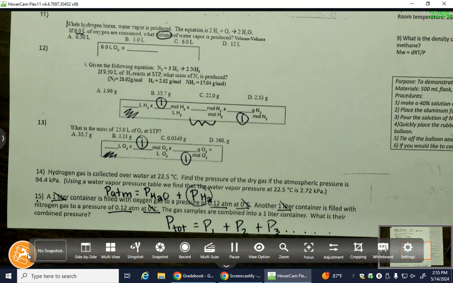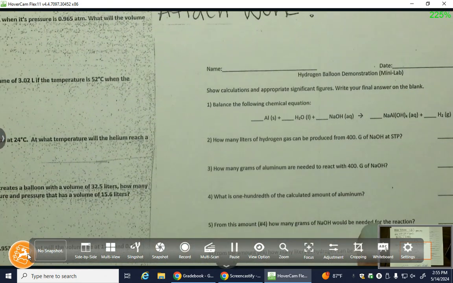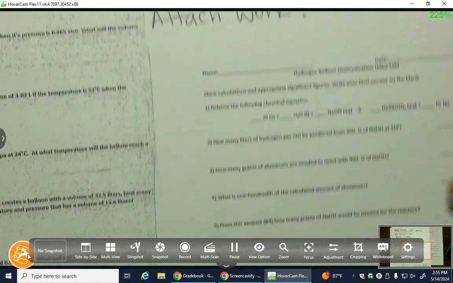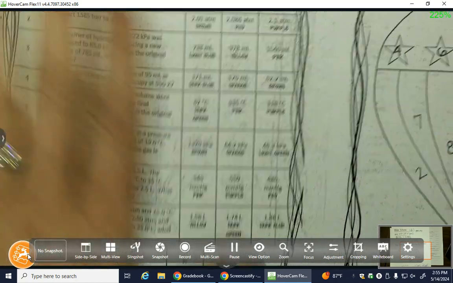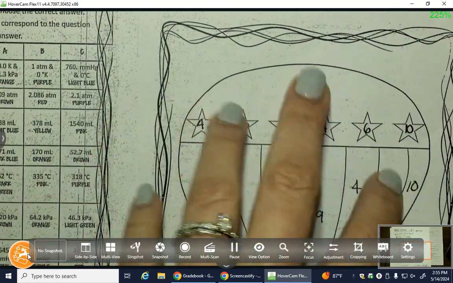Okay? So that's all I've got for you for this part. Once again, your goal is to complete this. Don't worry about doing anything over here on the right-hand side. You're going to leave that blank. And then you've got this side. As far as the coloring goes, if you have time to color it nicely, then do it.